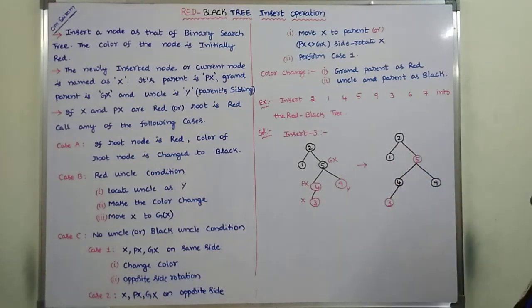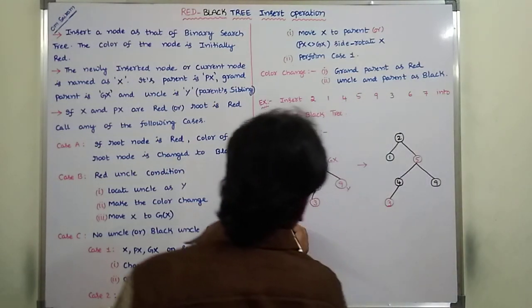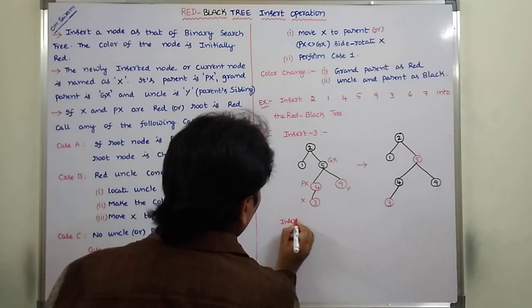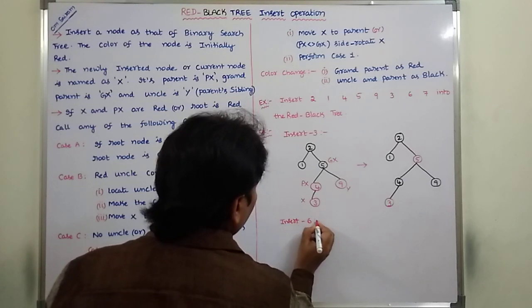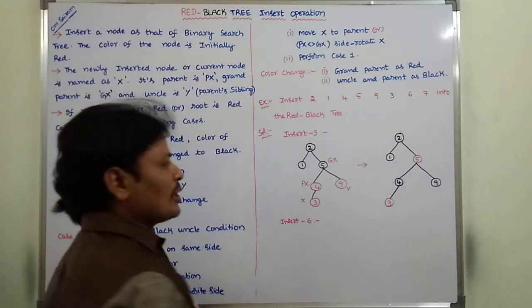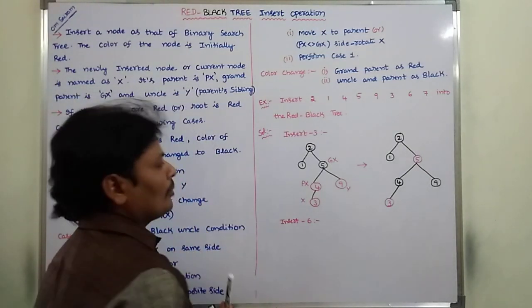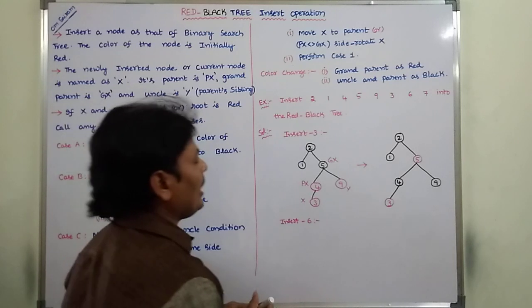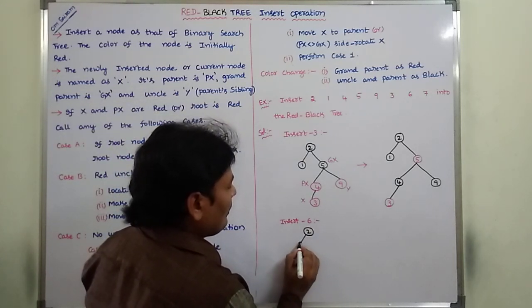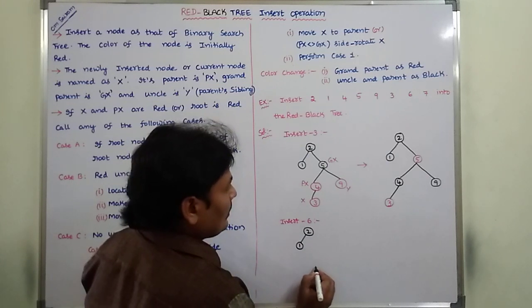Now insert node 6. Okay. Node 6 can be inserted at which place? So before going to that, the tree is 2, 1. So this is 4.